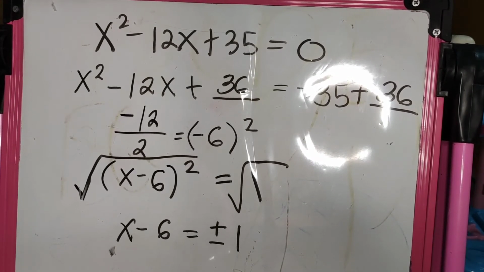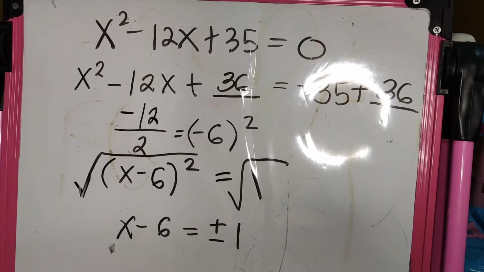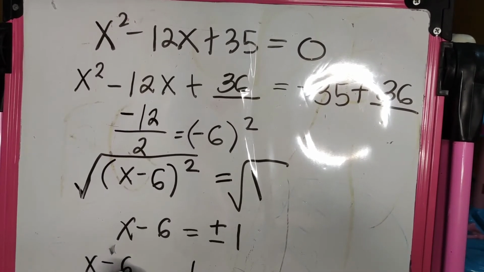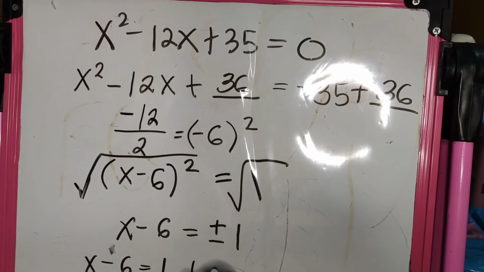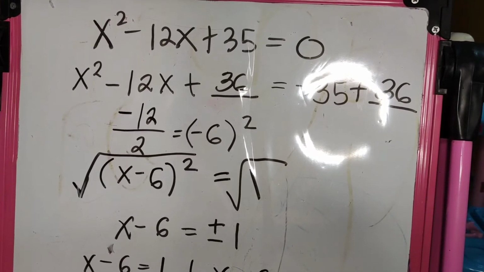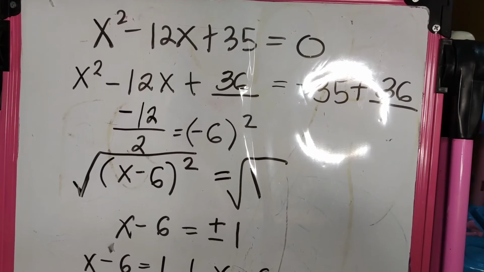And then let us solve for positive 1 and when we use negative 1. So we have x minus 6 equals 1 and x minus 6 is equal to negative 1. Simplify and combine similar terms.